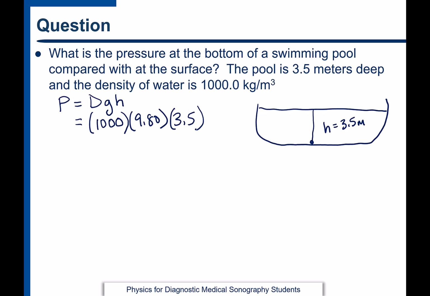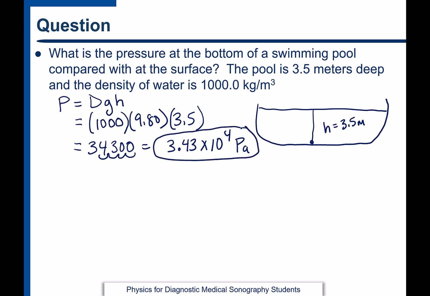And this is going to give us our pressure in pascals. So if you plug it into your calculator, you should get 34,300. Let's put that in scientific notation: 3.43 times 10 to the fourth pascals. So that would be the pressure at the bottom of the pool relative to the top of the pool.